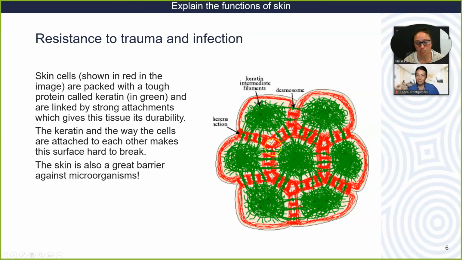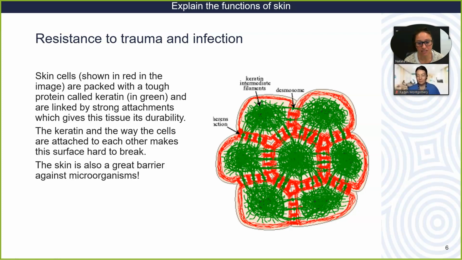Skin is an organ, and organs are made out of tissues, and tissues are made out of cells, so skin is also made out of cells. Can you see the skin cells here? They look like the red ones. They're like tiles on a roof, stuck together to hold the whole structure together, and this makes it tough.